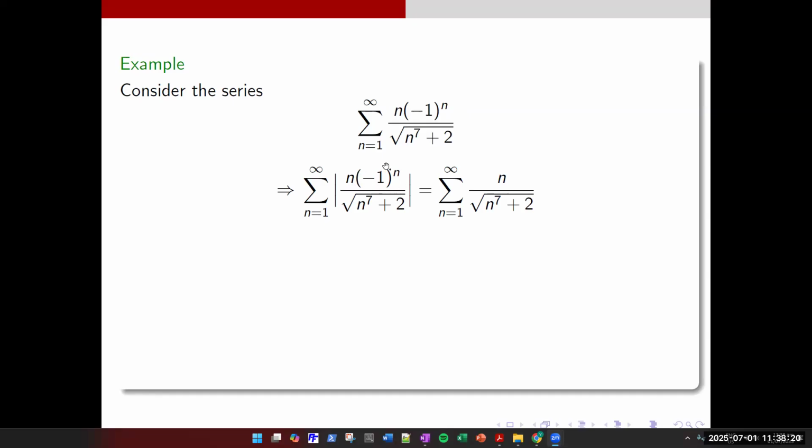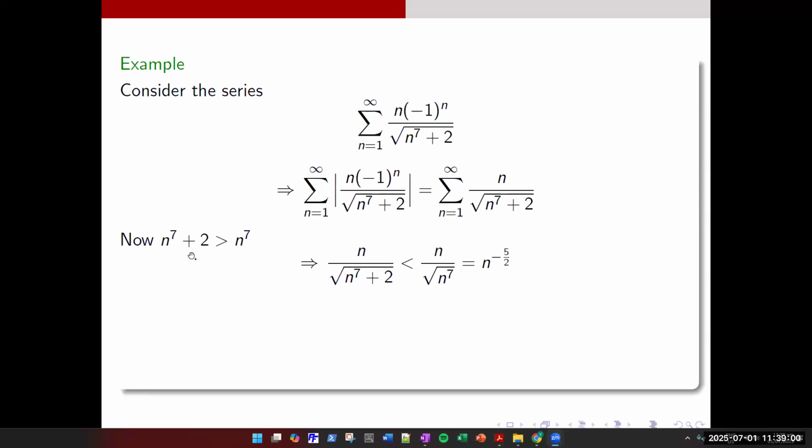The absolute value of -1 to the n is just 1, so that goes away. n is always positive, so the modulus of n is just n. The square root down here is the positive square root, so the modulus of that is just the positive square root. So essentially, the modulus kills this -1 to the n term. It gets rid of it for you. Okay, so this series here, I can apply the comparison test to it.